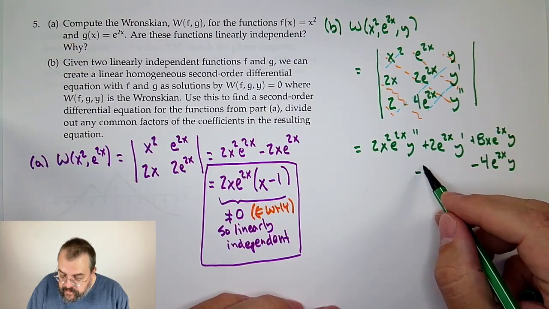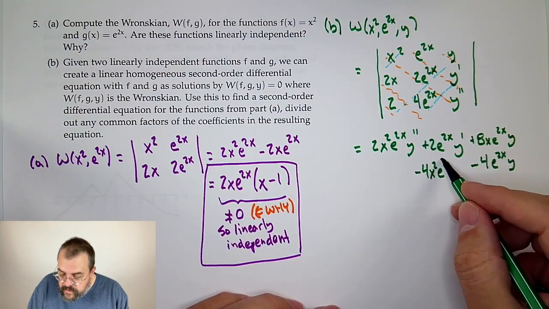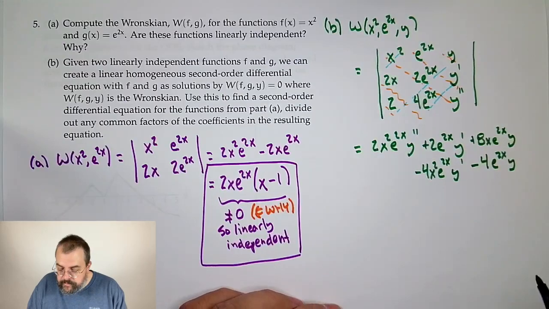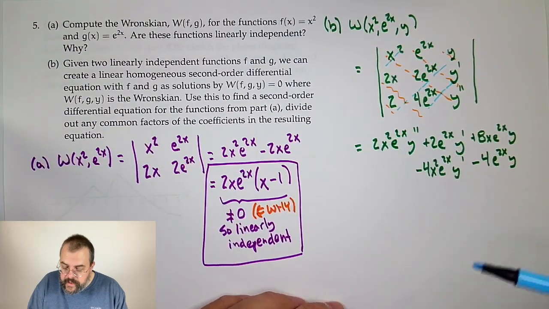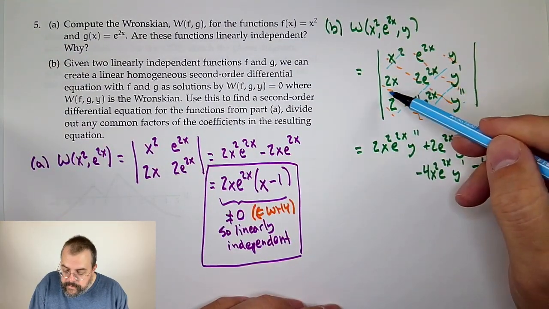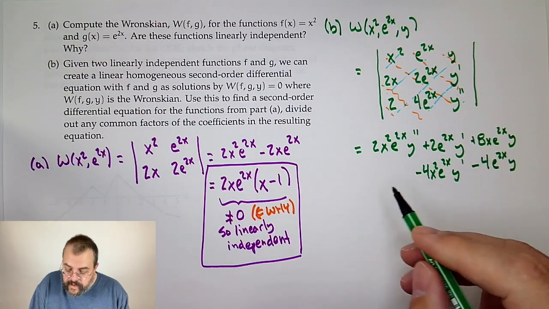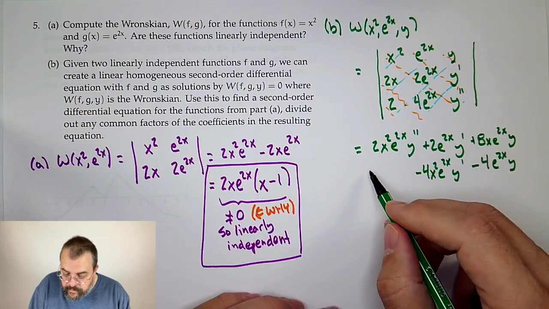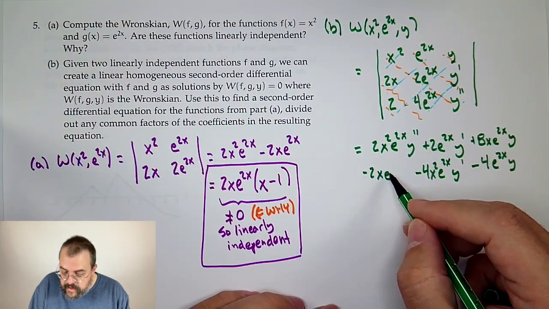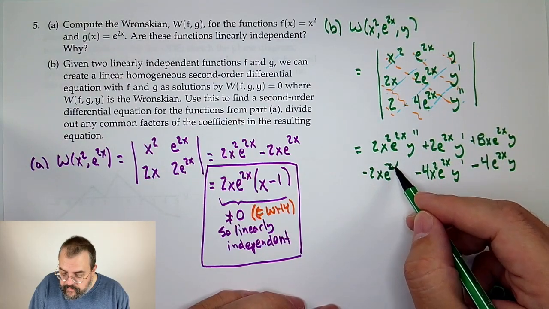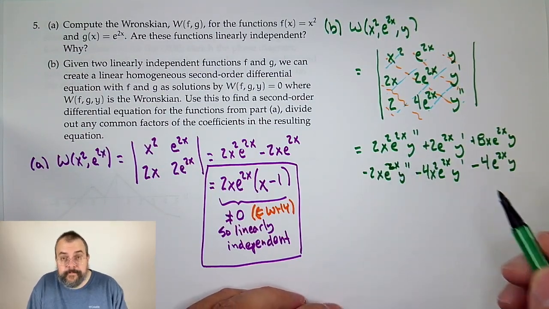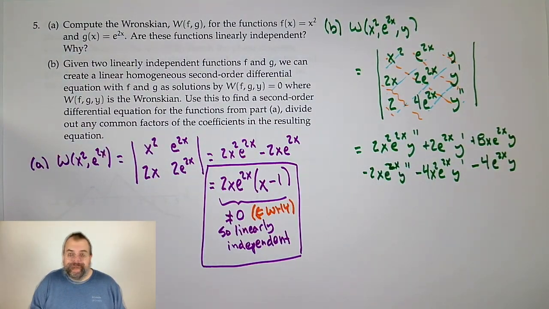So minus 4x squared e to the 2x, y prime. And then, finally, y double prime times 2x times e to the 2x. Again, subtract. So minus 2x e to the 2x y double prime.